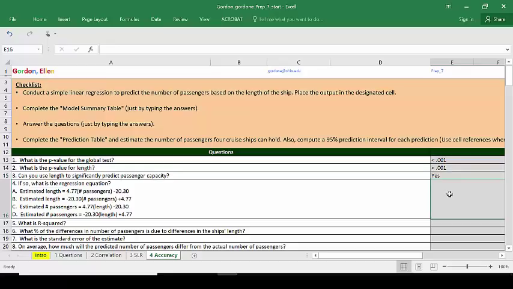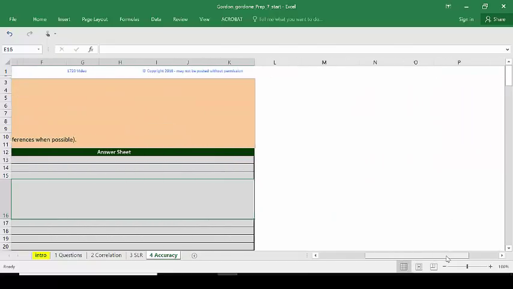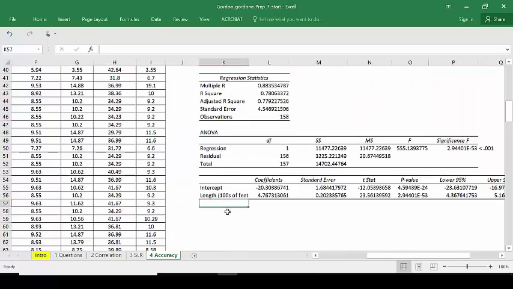The next question asks for the regression equation. So now we can do that. We can put together the regression equation. So if you remember the regression equation, the purpose of it is that we're trying to predict the number of passengers. So predicted number of passengers equals our slope, which is 4.77, times our x variable, which is length, plus the y-intercept, which is negative 20.30.